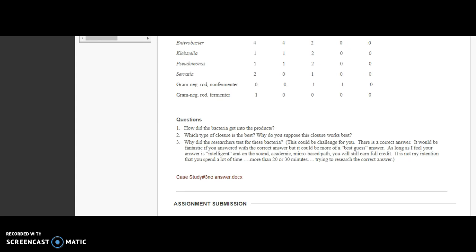But think about it. And I don't want you to sweat too much in terms of trying to find that correct answer. If you get it, great. I would not want you to take more than 20 or 30 minutes on this assignment if you are one of those individuals who are going to want to go out and research it and Google it and all that good stuff. All right, put a time limit on that search. And then just make your best guess.